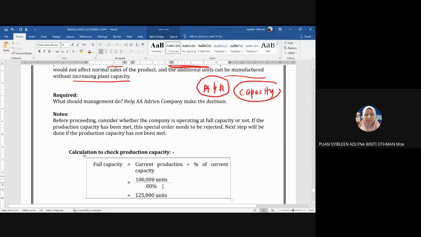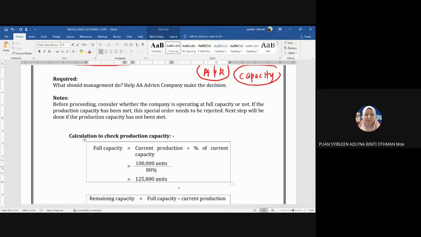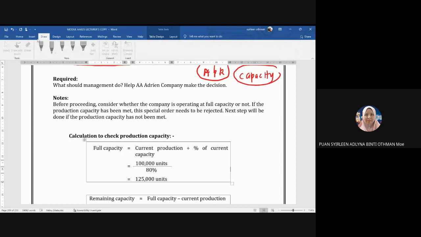So dia akan dapat full capacity. So the full capacity is actually 125,000 unit.